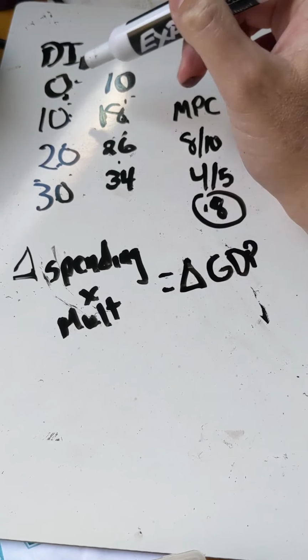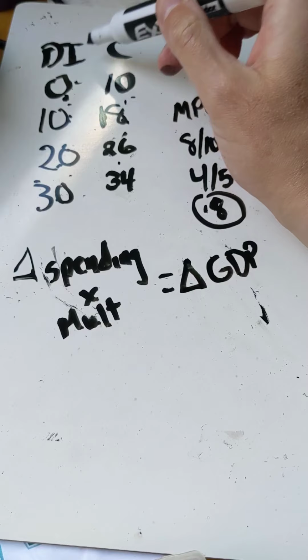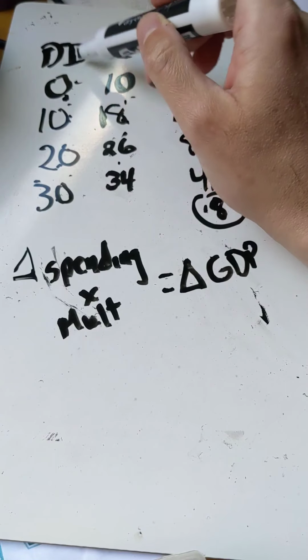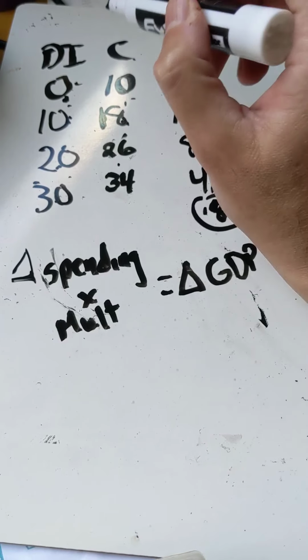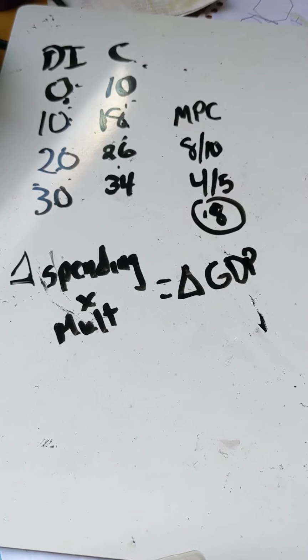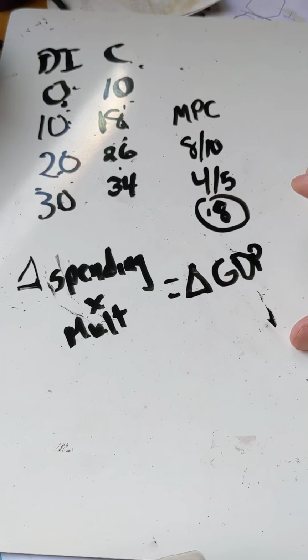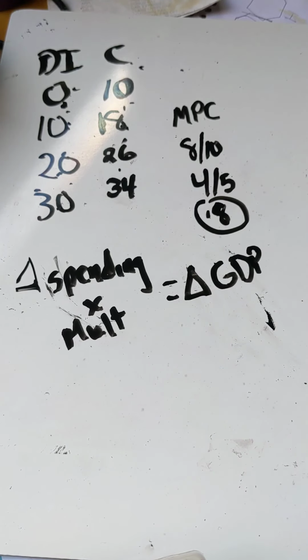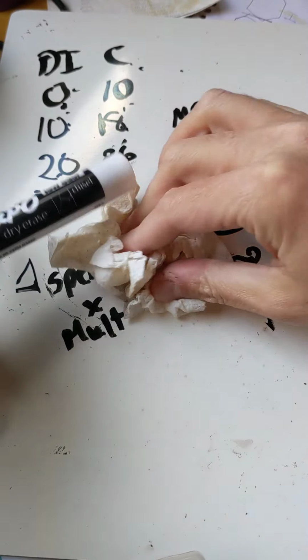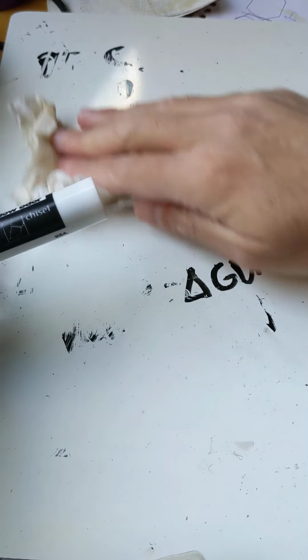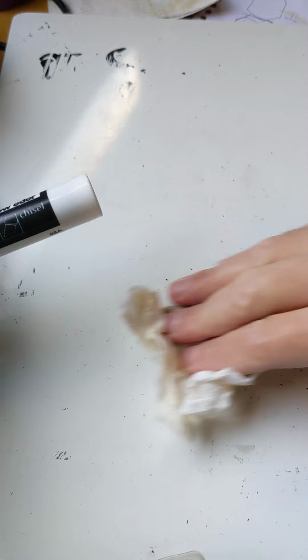In this case, it's disposable income because we're in a simplified economy, so we just have income and consumption. Later it'll be investment, government expenditures, and so on. So that's what we do with the multiplier. Whenever we change spending of any kind, we apply the multiplier to GDP to figure out how much our GDP is going to change by.